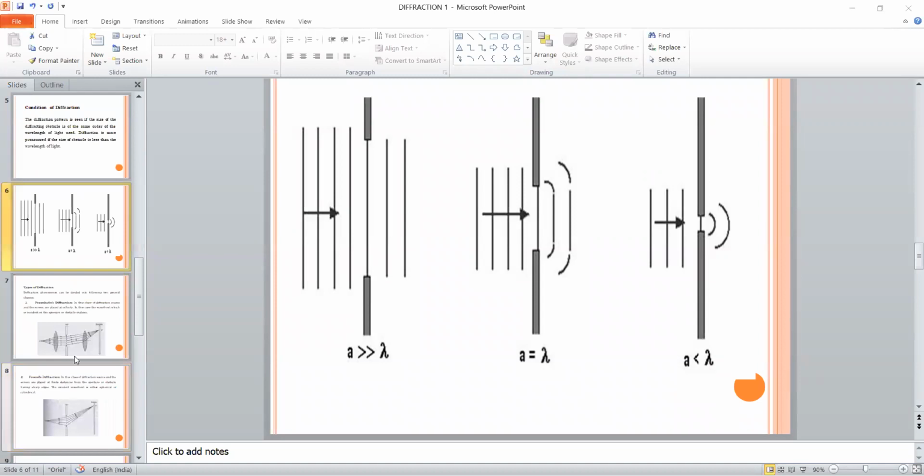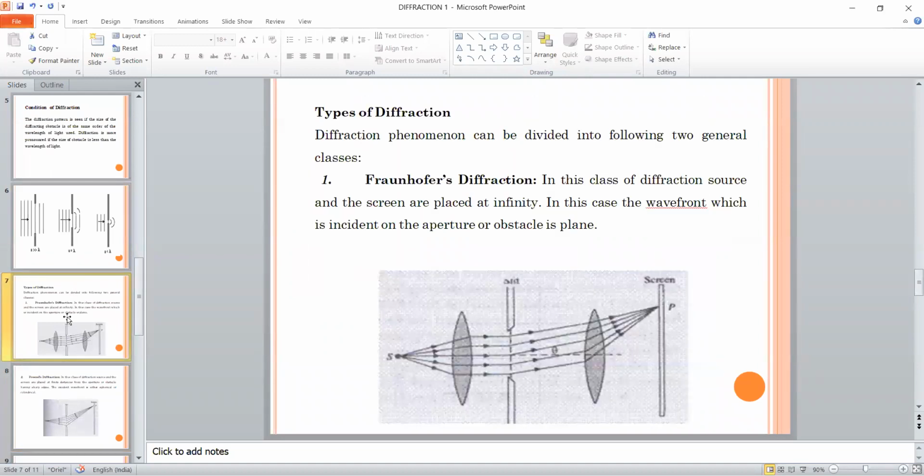Now, I will explain the types of diffraction. Diffraction phenomena were first developed by Fresnel. In this syllabus, we discuss two types of diffraction.